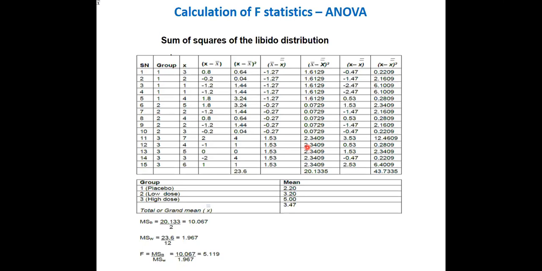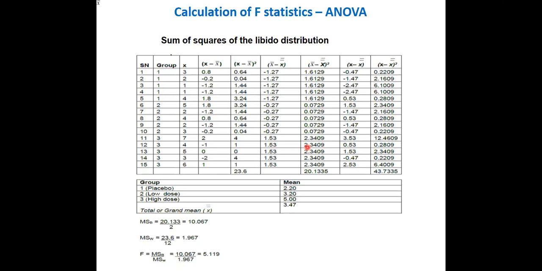If a group deviates very much from the gold standard, you know they are not the same. If the deviation from the gold standard is the same, then they are the same. That's the logic here. So to look at the difference between the 3 groups, you look at how each of the 3 means differs from the grand mean.